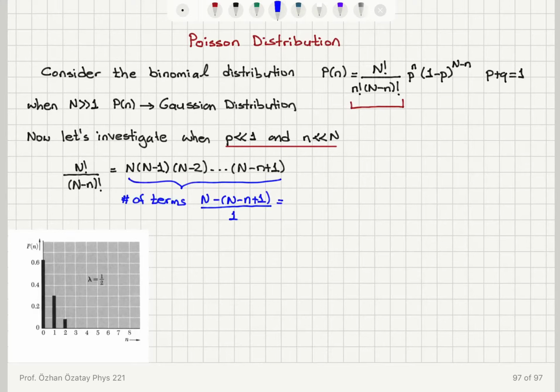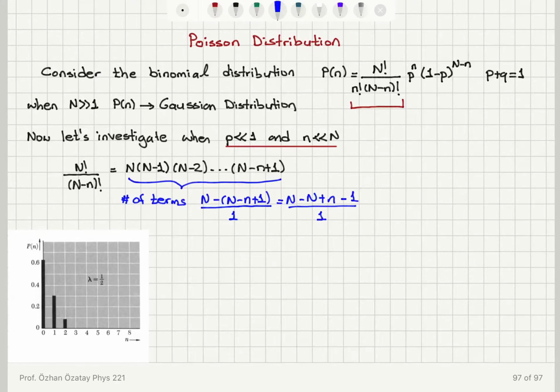So I have capital N minus n plus n minus 1 divided by 1.